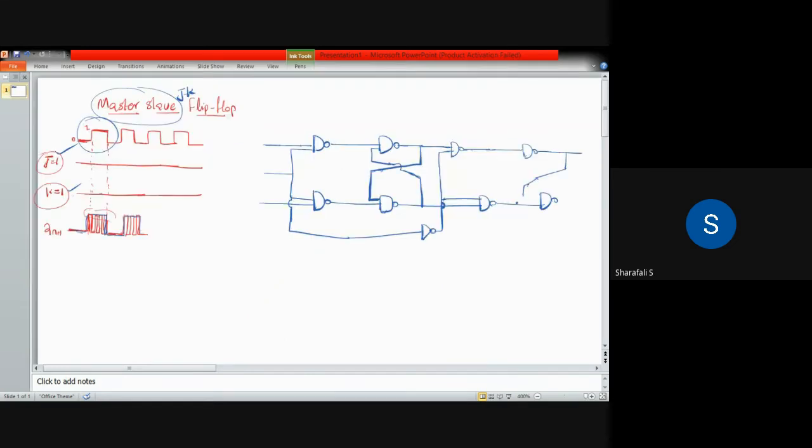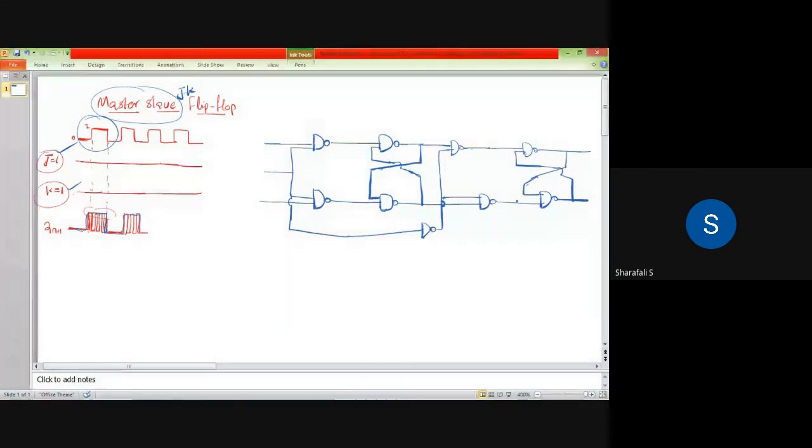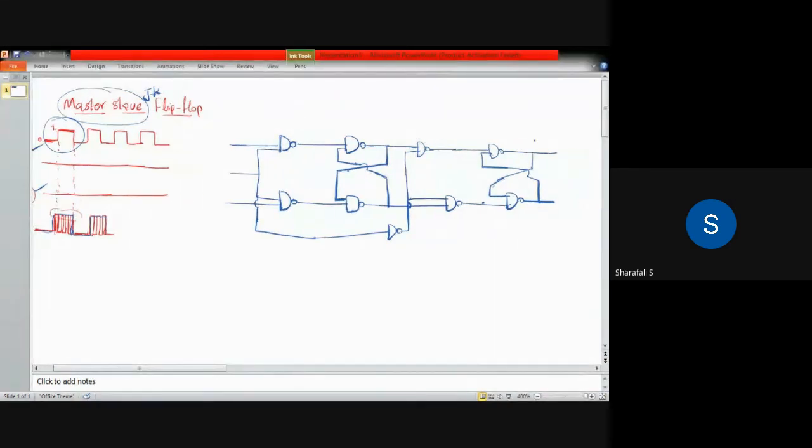And do this AND gate, and from here we have a connection. Okay, so this is the master slave JK flip flop, and we have the final connection which is coming from this output to the input. So from here, consider it like this.